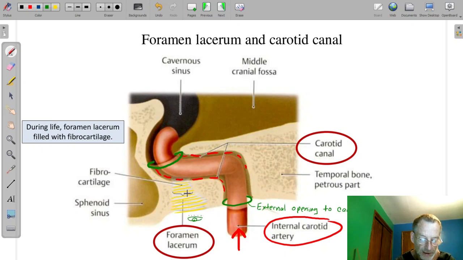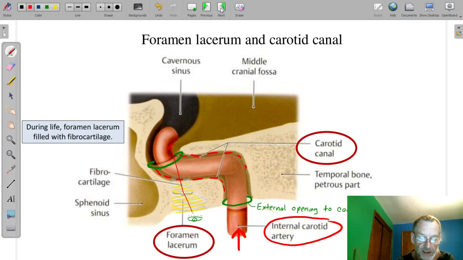Here's an eye. Your eye can just peer right through there. And it appears like there's an opening in the bone. That's where the Foramen Lacerum would develop.